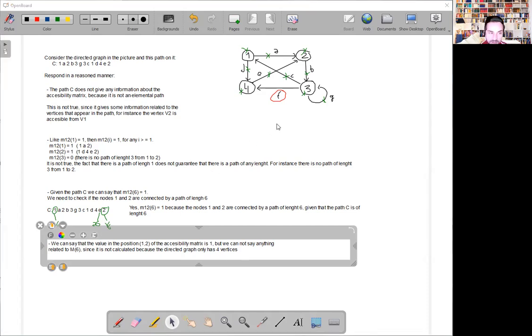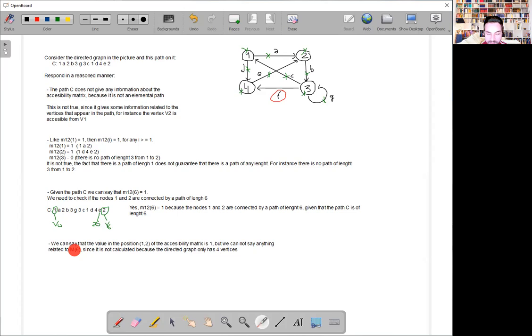So here the answer is that the fact that the accessibility matrix of order 6 is not needed to calculate the accessibility matrix doesn't mean that you cannot calculate the accessibility matrix of order 6.